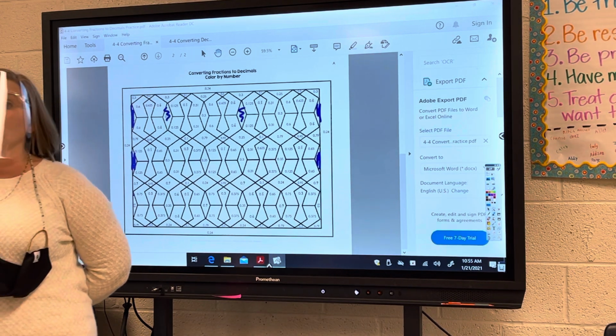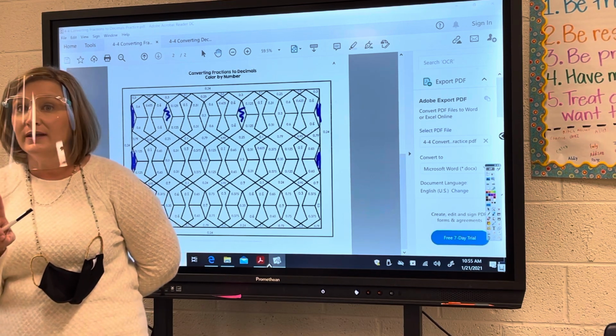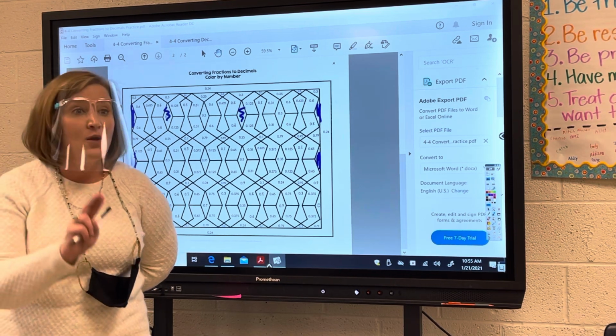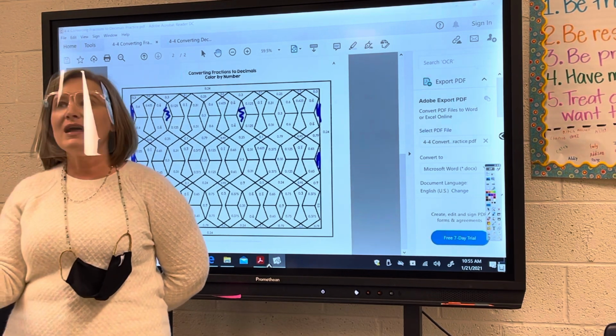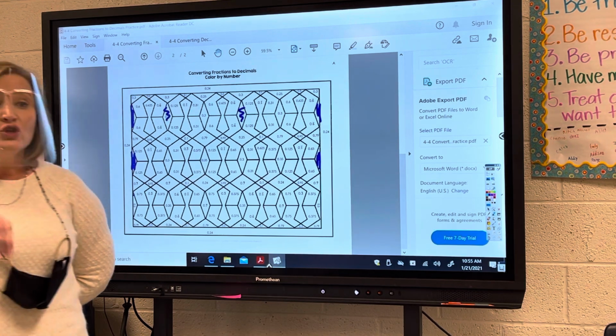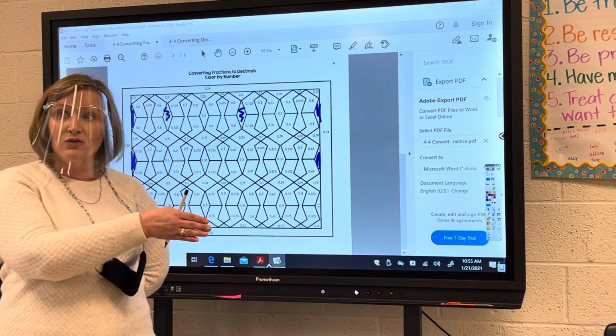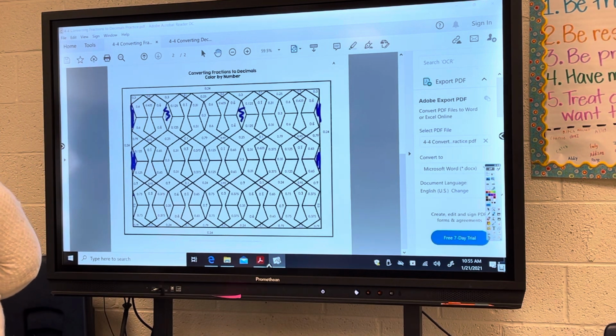If you have 2 of the same answer, one of them is going to be what? Wrong. You need to go back and check both of them, okay? Don't just go back and do the last one because that's the last one you did. Do both of them to see which one is correct. On this particular assignment, you will not have the same answer twice, okay? Does that make sense? Yes.